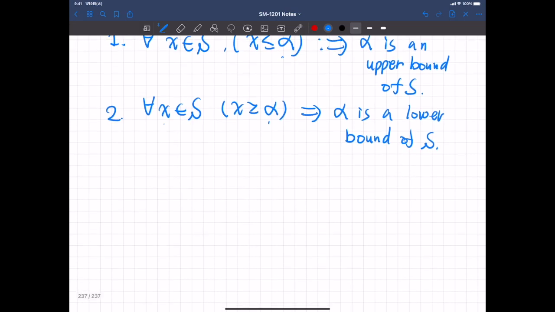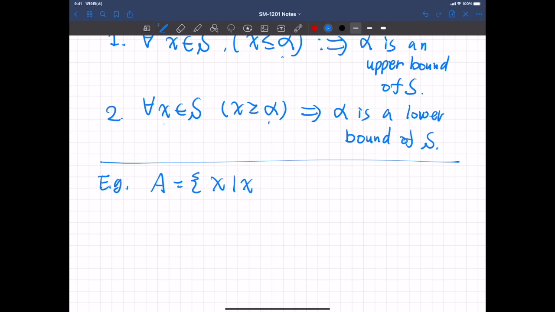Here are some examples. Let's say A is a set of real numbers such that x is less than or equal to 1.